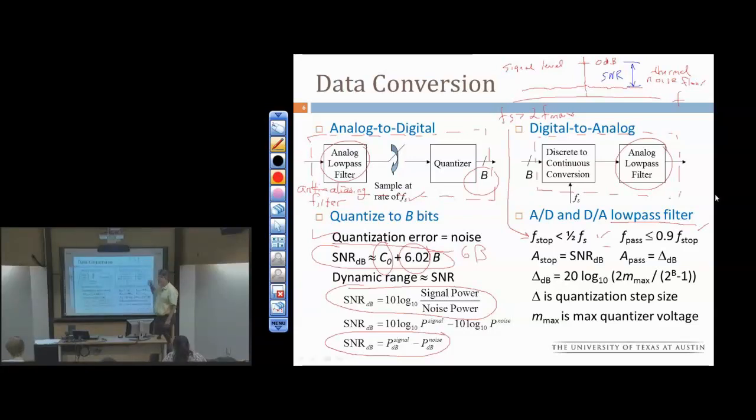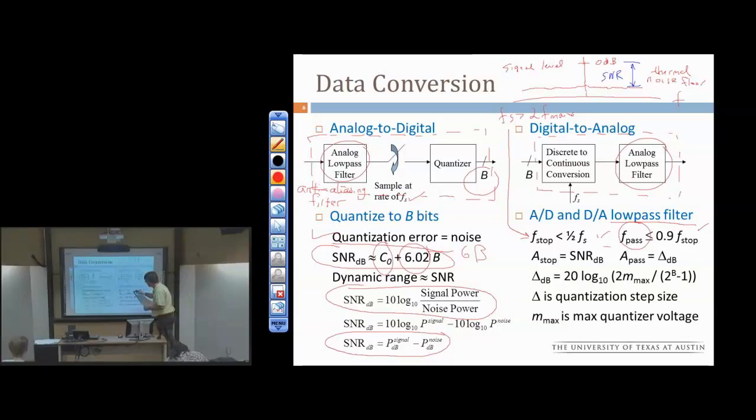We want to push down any frequency above the frequency range of interest, which is up to the pass band. We want to really push those frequency contents down into the noise, so it doesn't affect us when we do the quantization in the A to D conversion.